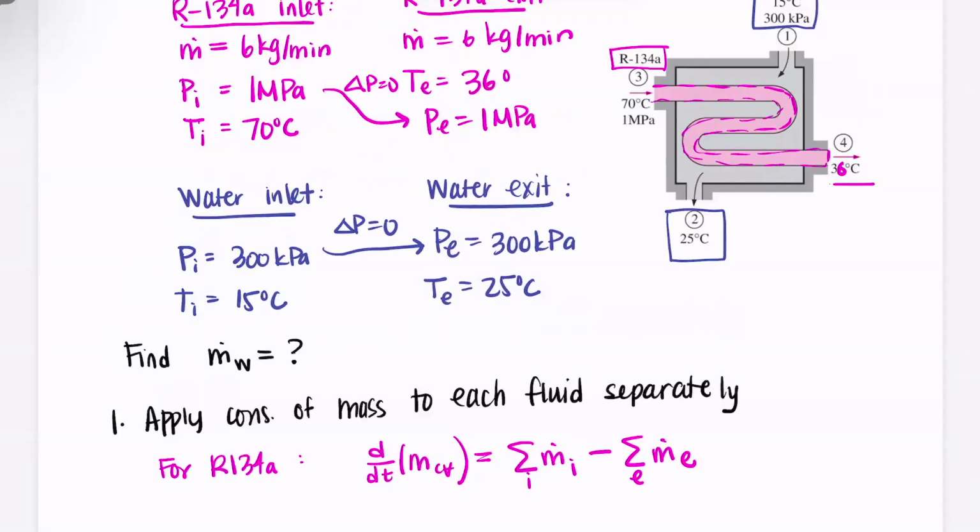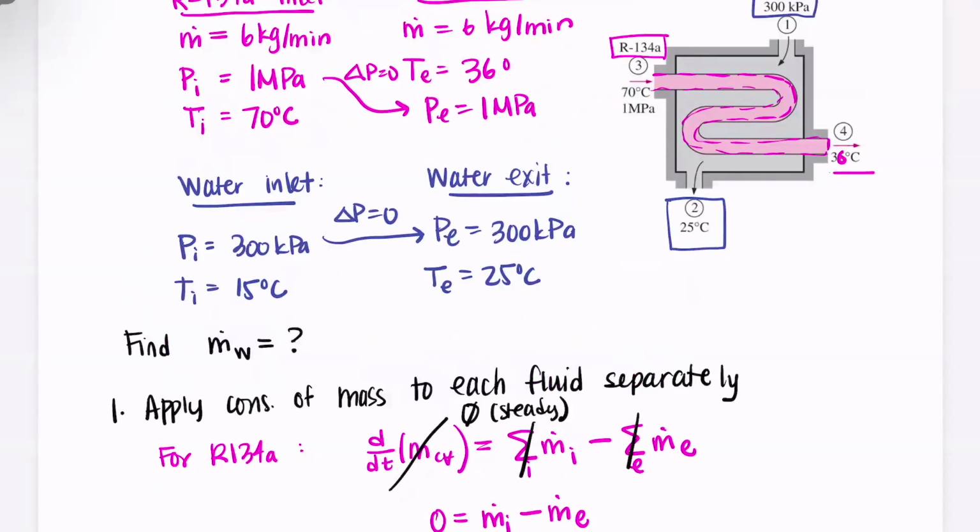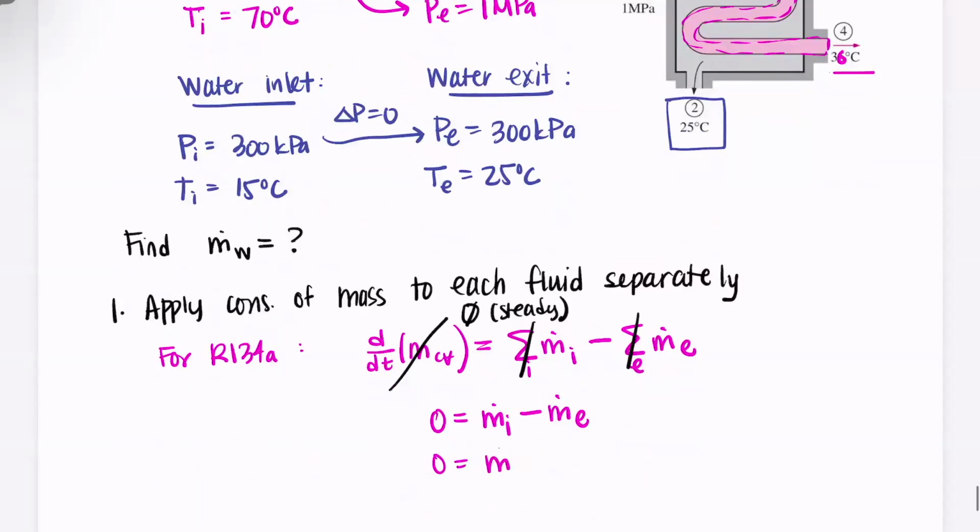We have one inlet and one exit, and this is steady. So this is 0 since it's steady. So what we have here is that 0 is equal to m dot in minus m dot exit, where m dot in is m dot 3 and m dot exit is m dot 4. Okay, so we have m dot 3 minus m dot 4, which just means that the inlet mass flow rate is equal to the outlet mass flow rate, which is just m dot, which was already given to us as 6 kilograms per minute, right? So that's not very exciting. We already kind of knew this, right?